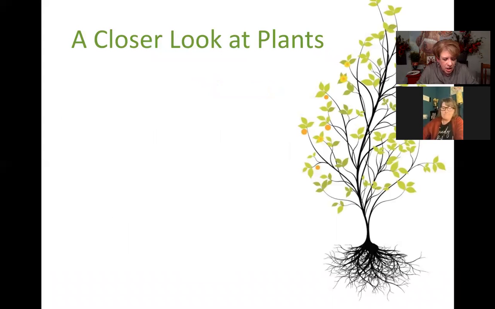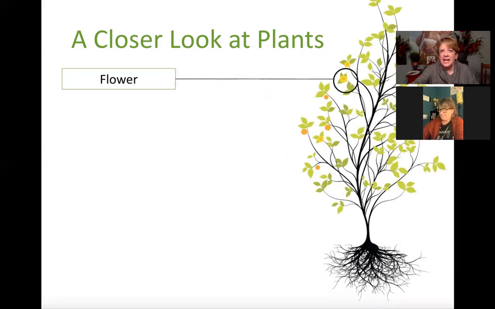Okay, we're going to look a little bit closer at plants. This is the part that some of you might be like, oh my gosh, but I just find this fascinating. Let's talk for a minute about the different pieces of a plant. Knowing the place of the harvest is beneficial to understand what part of the body the essential oil will benefit. For example, when you need an oil for balance and stabilization, you choose a root or rhizome oil.